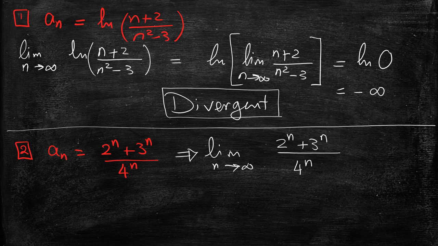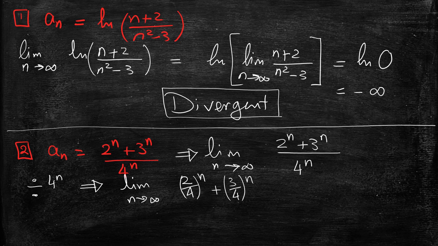The greatest number here is 4, which is in the denominator. So we can just divide by 4 power n in both numerator and denominator, and then the new limit, when n approaching infinity, will be 2 over 4 power n plus 3 over 4 power n, divided by 1, which is 4 power n over 4 power n.